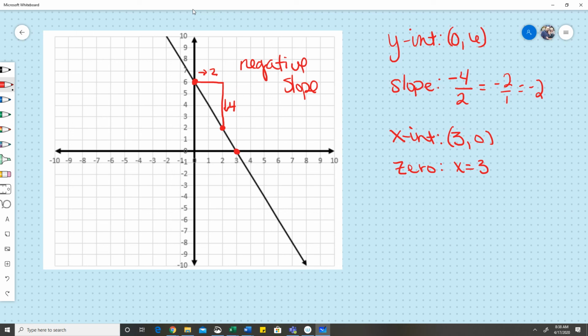I just happened to use the y-intercept and then the point at (2, 2). And if I want to write this equation, y equals, again, +6 is my b, -2 is my m, so -2x plus 6.